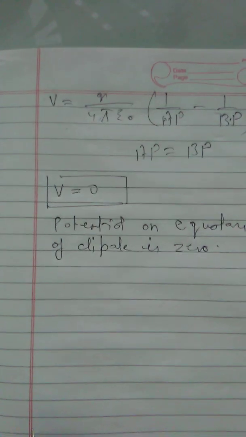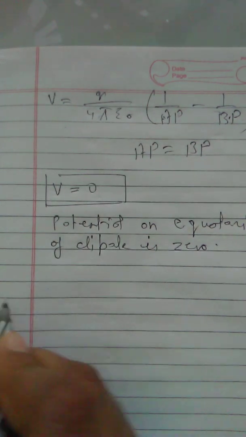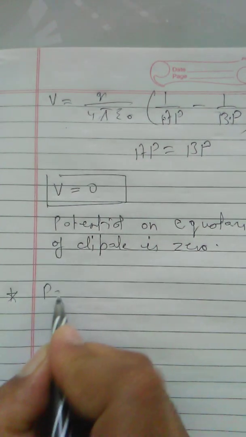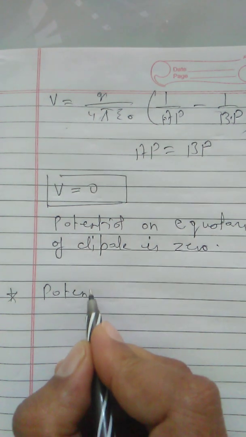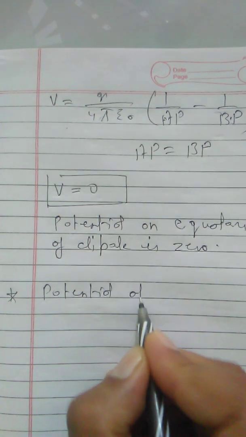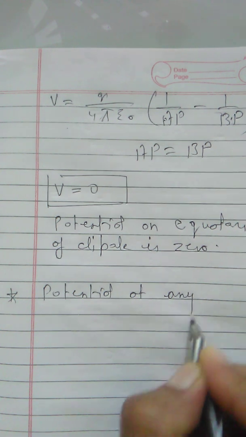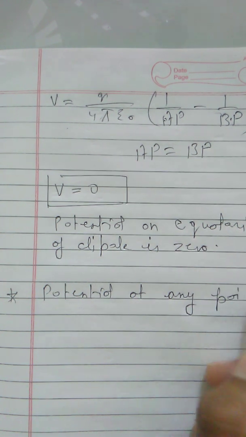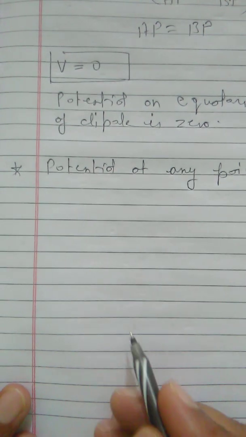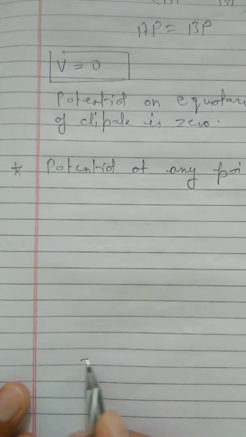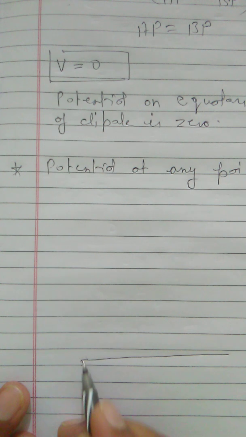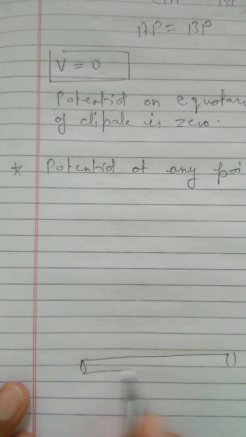Now coming to the next derivation. Now let us calculate the potential at any point. This time potential can be taken at any point. For this, first of all let us take a dipole. Suppose this is the dipole.